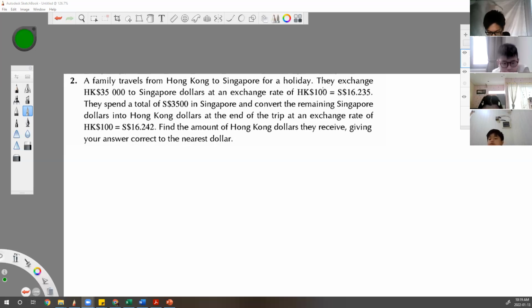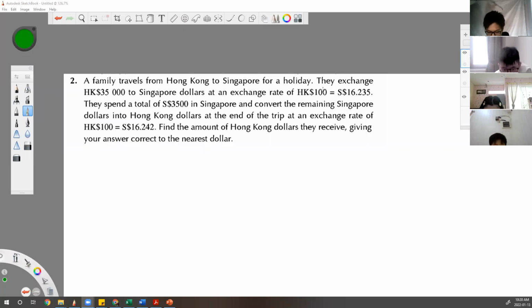They spend a total of Singaporean dollars 3,500 in Singapore and convert the remaining Singapore dollars into Hong Kong dollars at the end of the trip at an exchange rate of Hong Kong dollars 100 equals to Singaporean dollars 16.242. Find the amount of Hong Kong dollars they receive, giving your answer correct to the nearest dollar. Okay, thank you, Royce. Your accent is so nice.